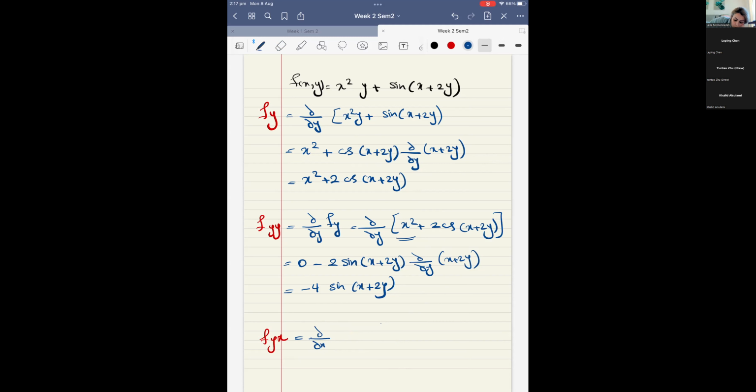Round of the x, fy would be equal round of the x, and would be x² plus 2 cosine x plus 2y. It would equal 2x minus 2 sine x plus 2y round over round of the x plus 2y. And at the end, you have 2x minus 2 sine x plus 2y.